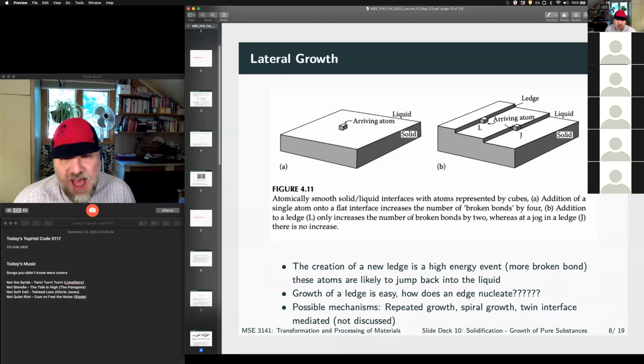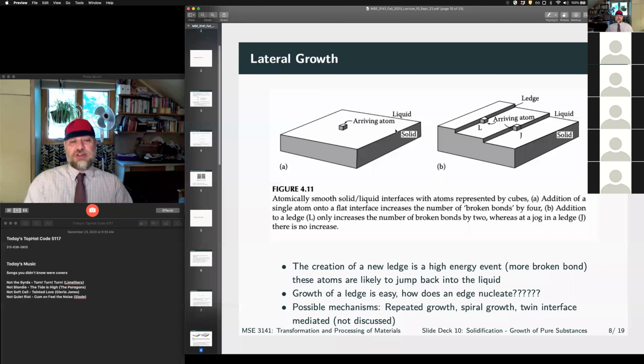If we add this atom here, we make the one directly underneath it happy, or make this ion arrive here. We make the ion underneath it happy. But then we have 5 unhappy bonds, right? So that means that putting a new ion on this atomically flat interface is equivalent to creating 4 broken bonds, right?